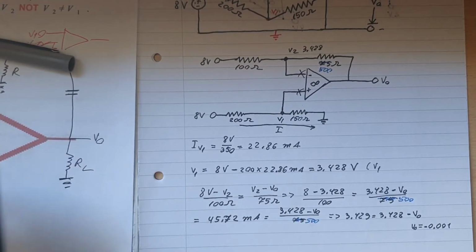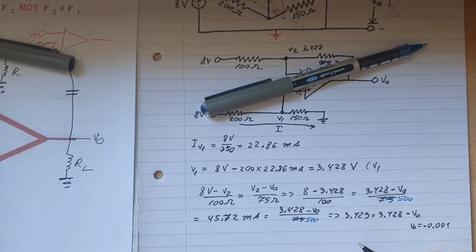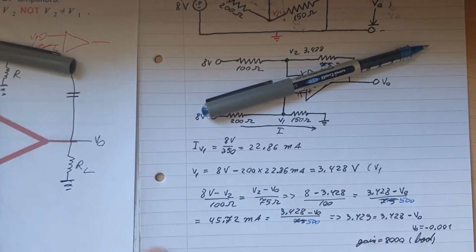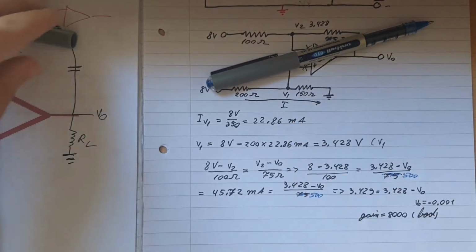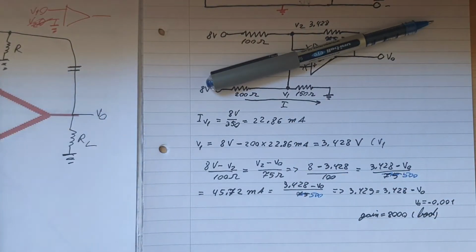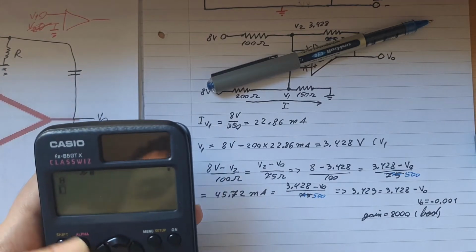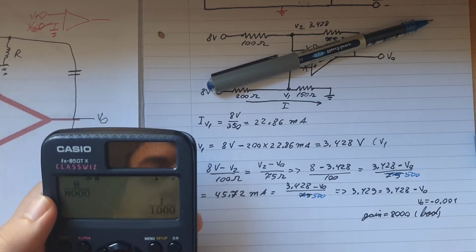Now, this one has a gain of 8,000, and that's bad. It's too big. It is literally just too big. I mean, theoretically it's not really 8,000, it's a negative gain. Let me check. What if I put 8 over 8,000?